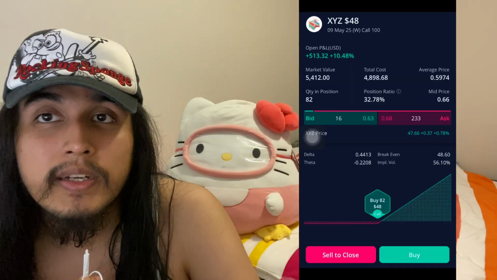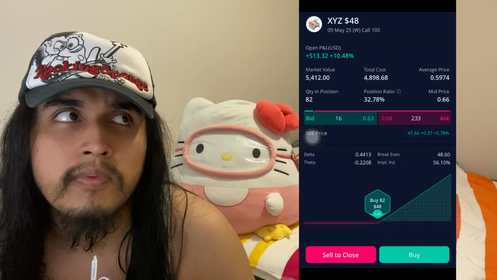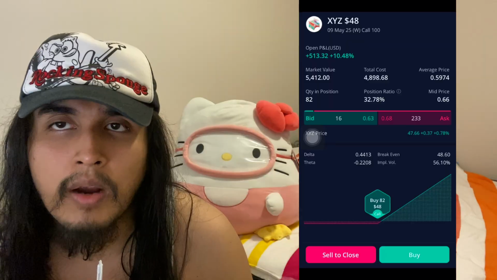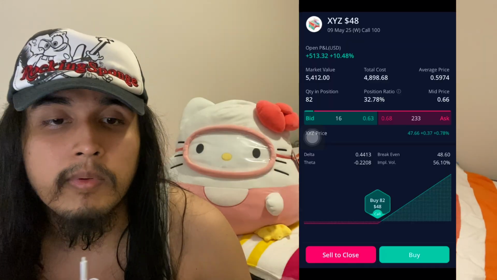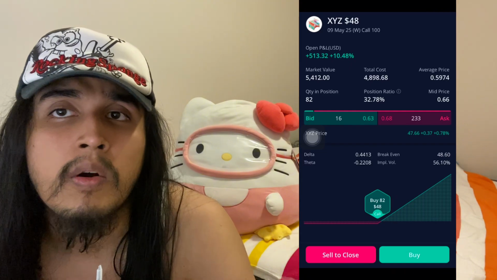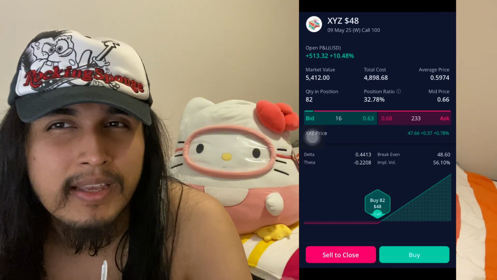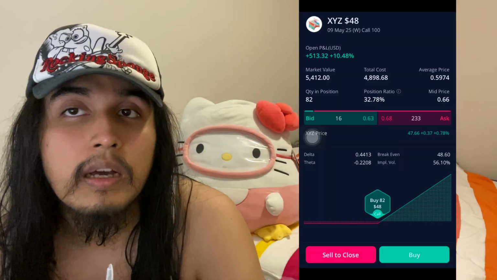Now if you're swing trading, that's a different thing, right? If you're swing trading, you can aim for higher percentage targets, right? But for me, since this was a day trade, I only stick to aiming for 10 or 15% targets if it's a day trade.